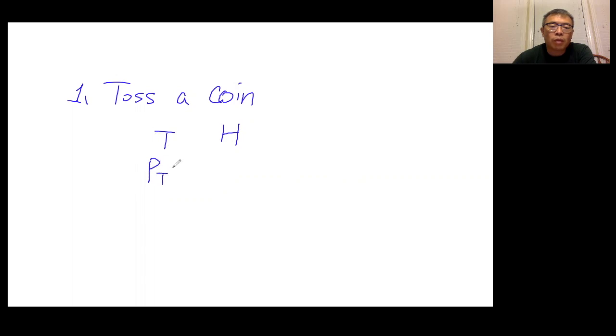P stands for probability. And there's another 1/2 probability of getting a head. This is a very simple case: you only have 2 outcomes, and you assume they have equal probability, so each one of them is 1/2.